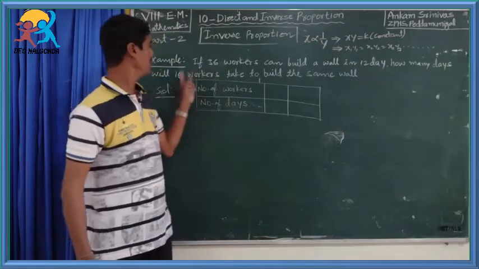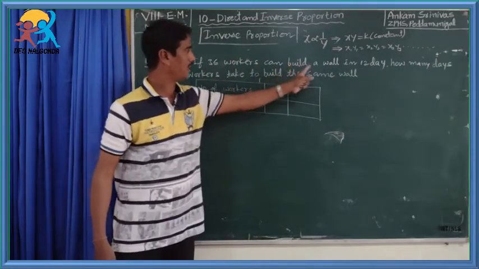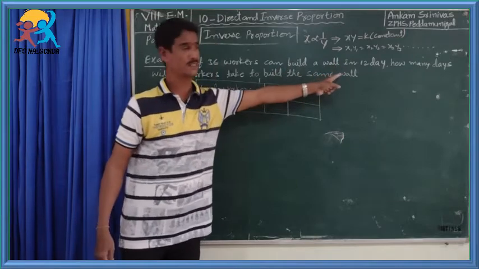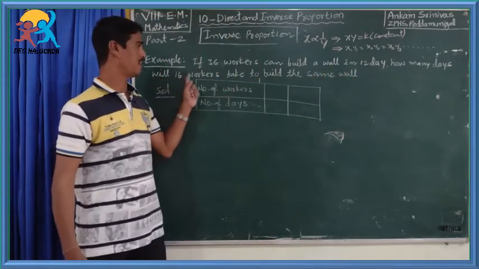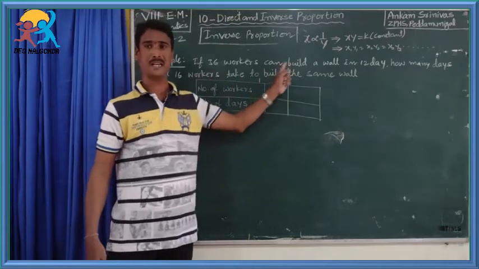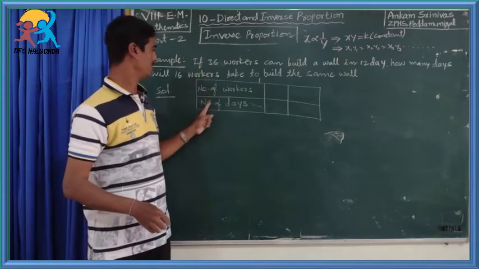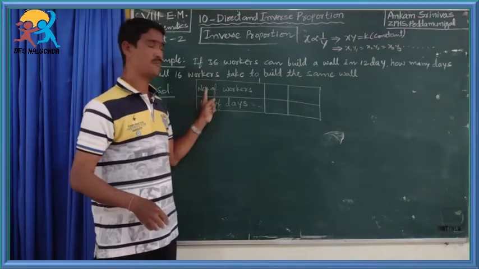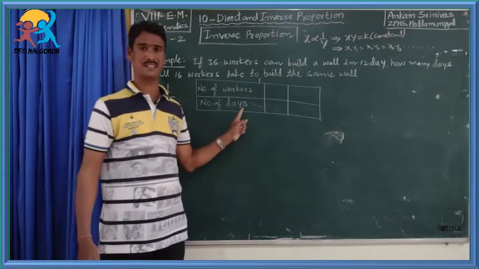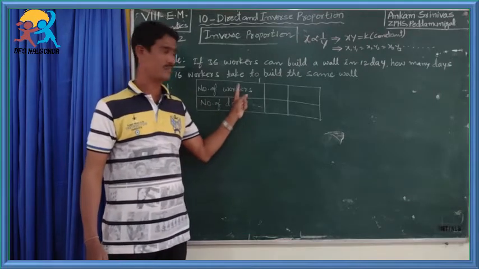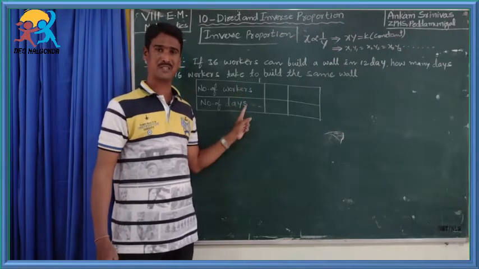Let's see one example problem. If 36 workers can build a wall in 12 days, how many days will 16 workers take to build the same wall? Let's see the two quantities here. One quantity is the number of workers. The second quantity is the number of days. If we compare these two quantities, they are inversely proportional.